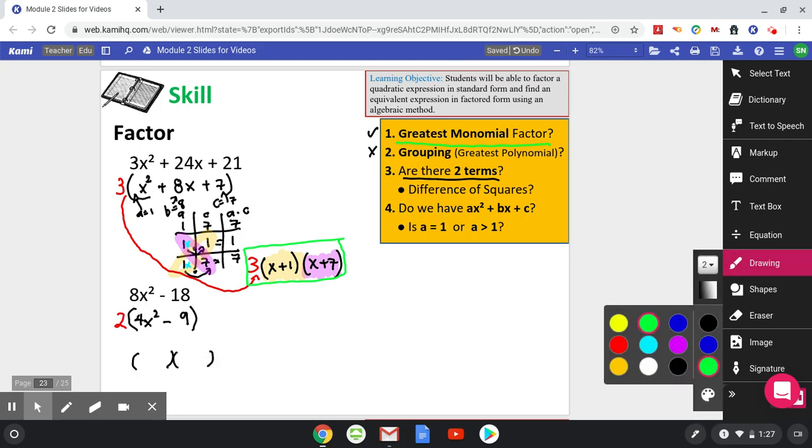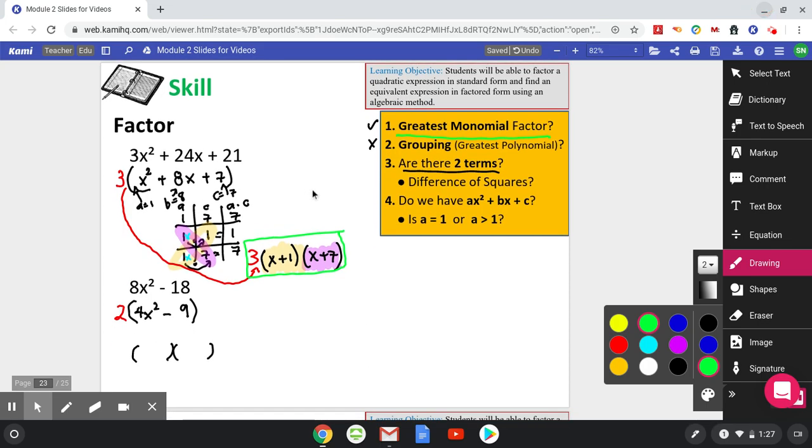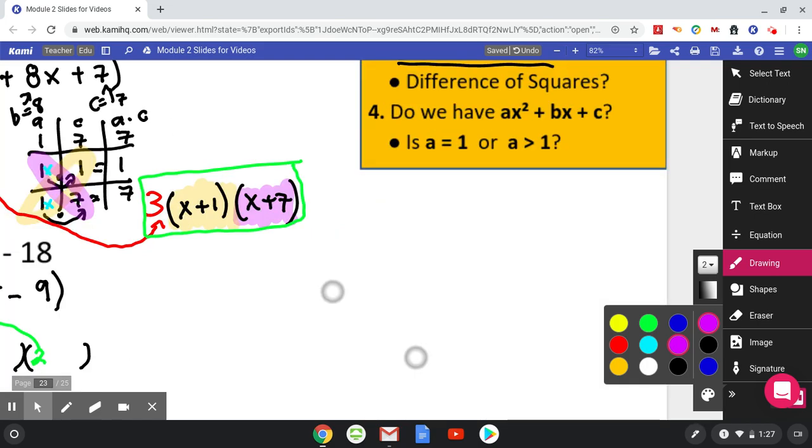The first thing is to determine, is there a number that when you multiply it times itself will give you 4? Yes, 2 times 2 would give you 4. We have to do the same thing with the x squared.